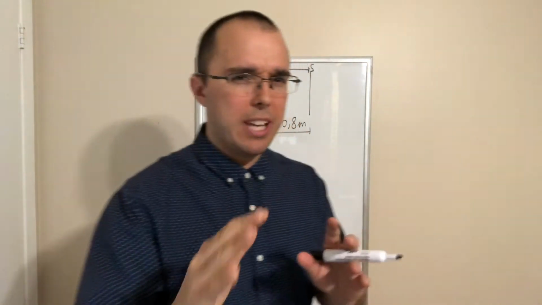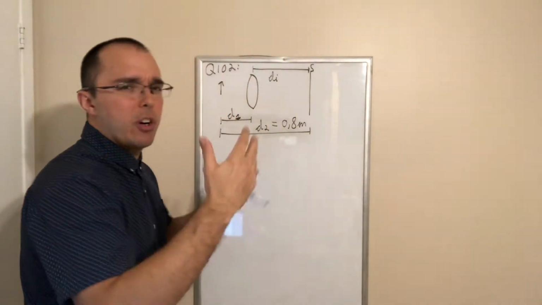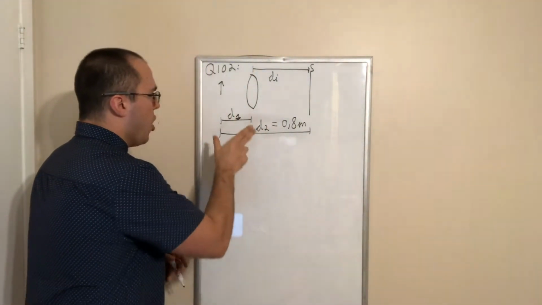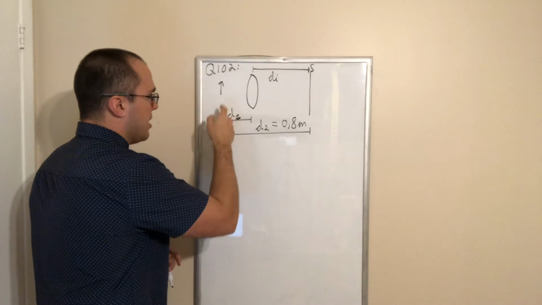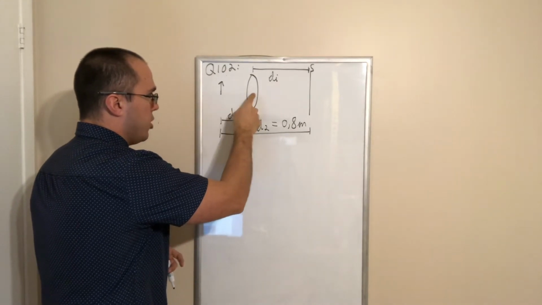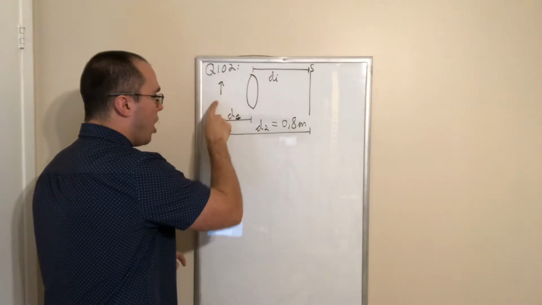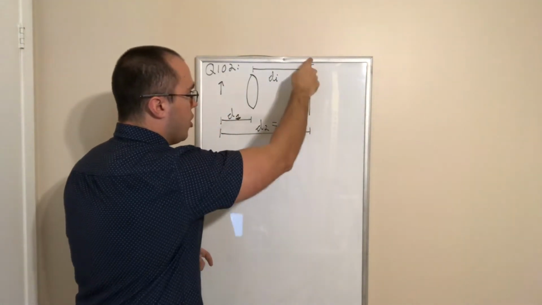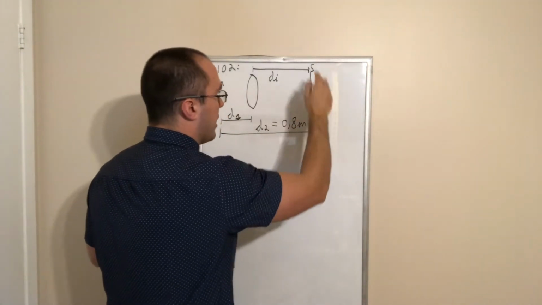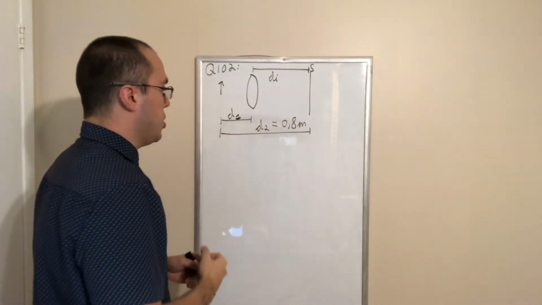So the first thing we need to notice, having a look at the diagram, is that there's a distance d1 between the object and the converging lens, and there's a distance d2 between the object and the surface or the screen where we will project the image.